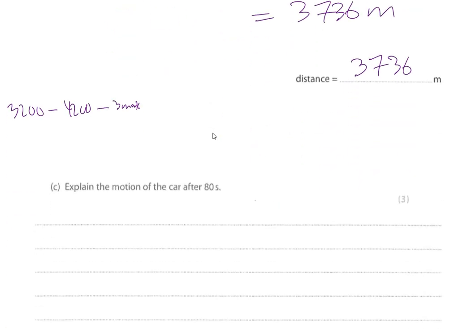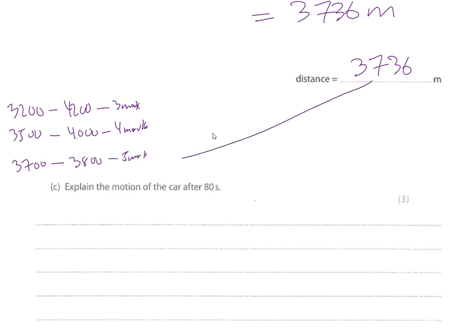Now, if you got 3500 to 4000, this will be 4 marks. Again, depending on your working out, you've done some good stuff. And then you get the full marks if you got between 3700 and 3800. So this will be 5 marks. You can actually see that my answer is within this range.